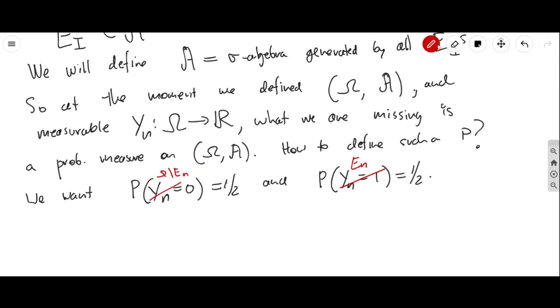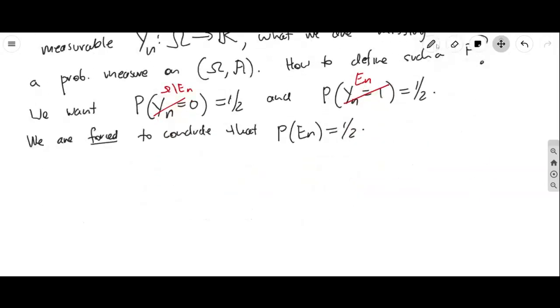So then how do we do that? We are forced to conclude that the probability of this event E_n has to be 1/2. And now this is where we're going to use independence.